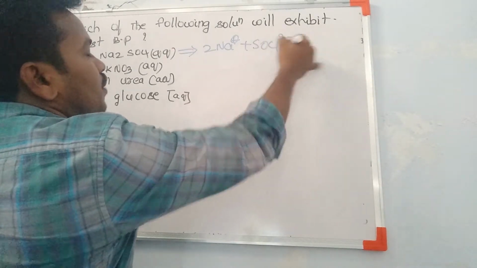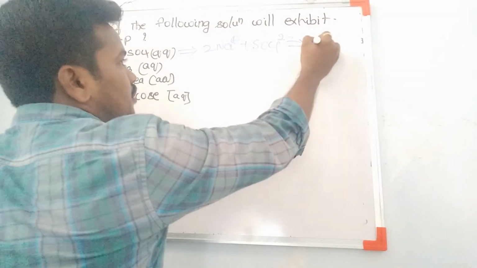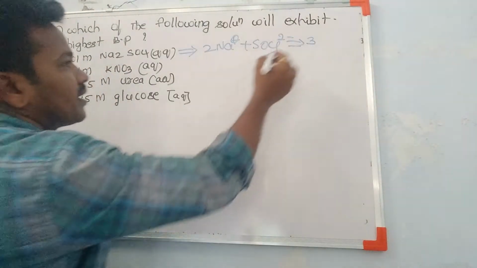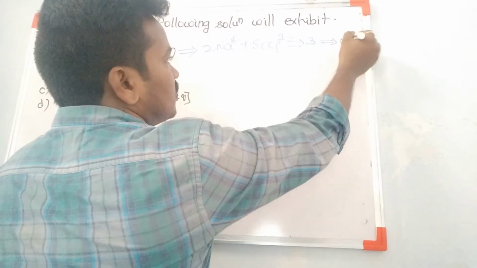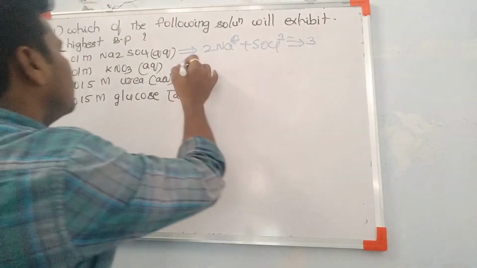That means 2 Na and 1 SO4 particles, so a total of 3 particles will form. Automatically it will become 0.03.